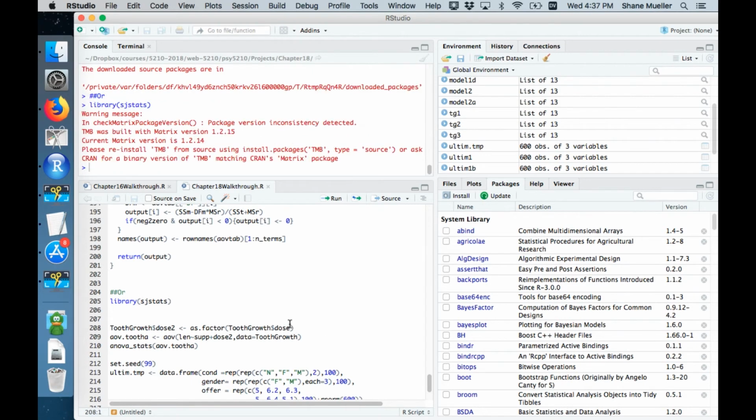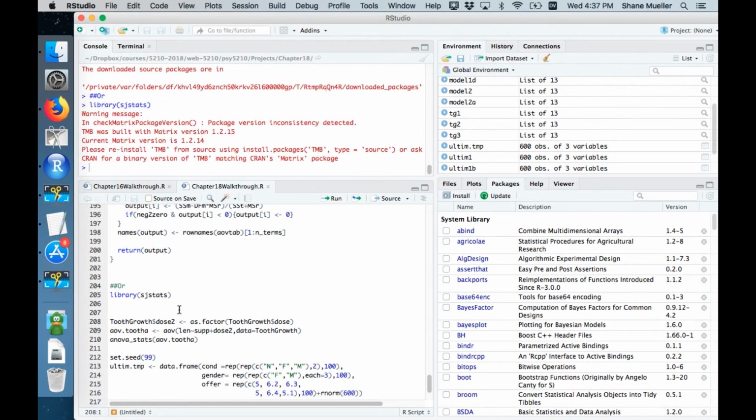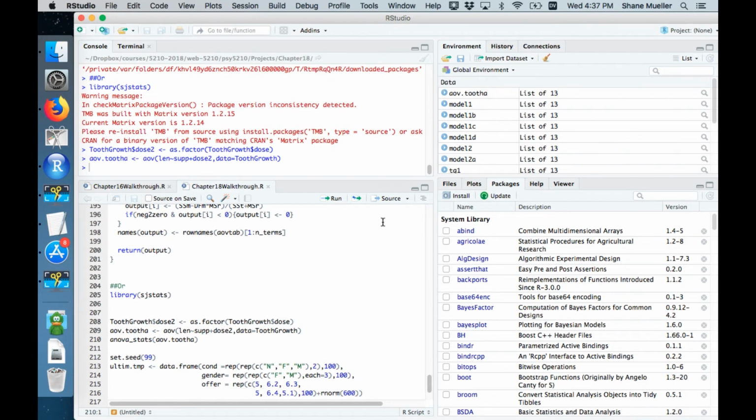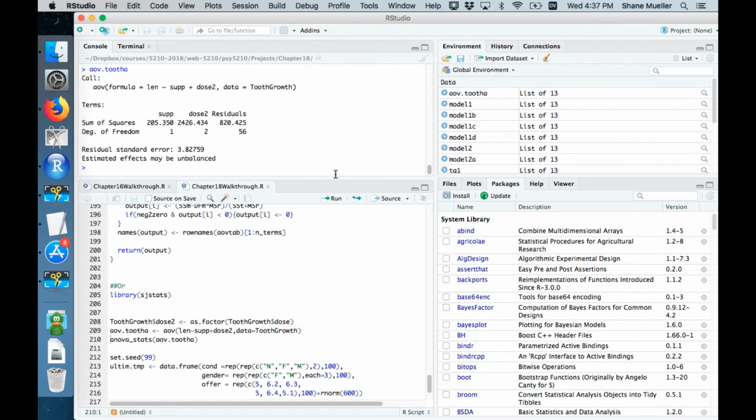let's look at how to compute effect size for the tooth growth data. So as before, I'm going to change dose to a factor, and I'll just add it to ToothGrowth and call it dose2. And then I'll build an ANOVA model, and we can look at this.